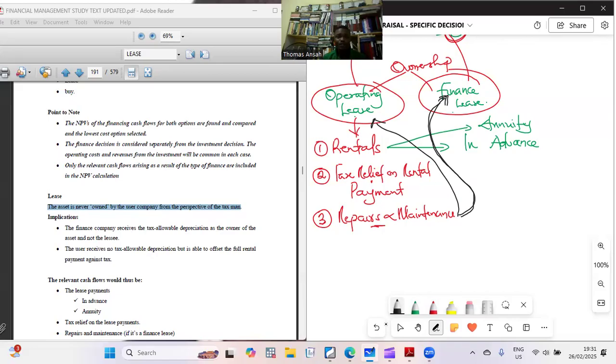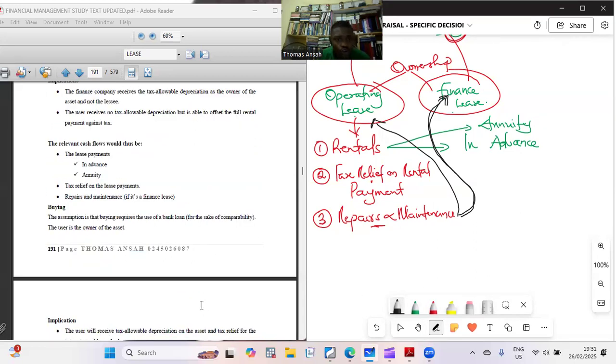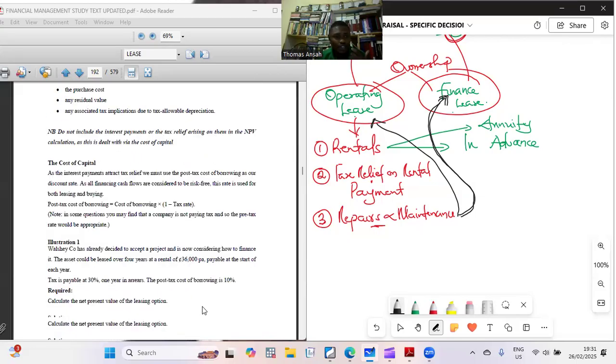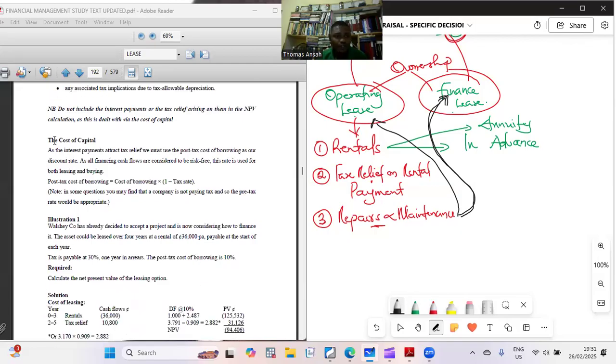So these are the two cash flows. If you get any question, you should be putting it together and boom, there you go. You have done your lease. All right. So we've done the buying options. We've done everything. Now the last thing for us to do is to talk about, anyway, I've stated here: do not include interest or tax relief arising from them.